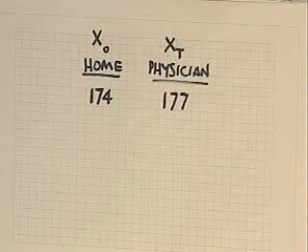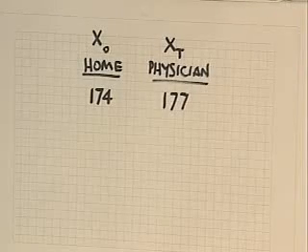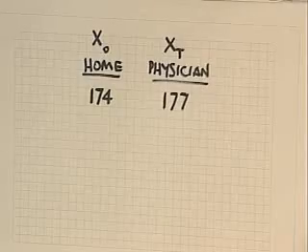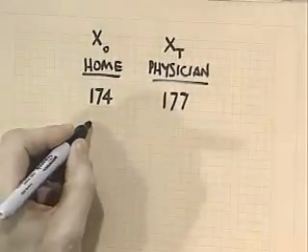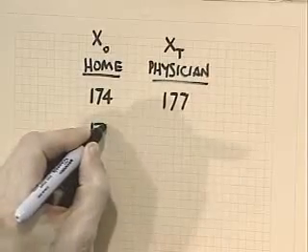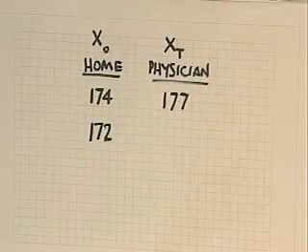You go away dejected because you now weigh 3 pounds more than you thought you did, and you live in a culture that's fixated with this. You measure yourself at a second point in time at home, and the scales say you weigh 172 pounds.